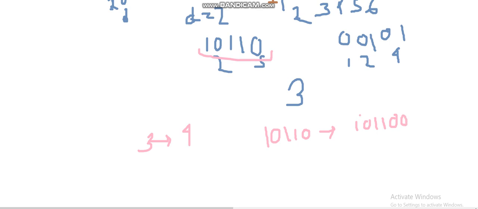Then we subtract the most significant bit, the 2d plus 1 bit, from this, and our new mask becomes 0 1 1 0 0. So this will be the mask for the fourth. I hope you have understood that.